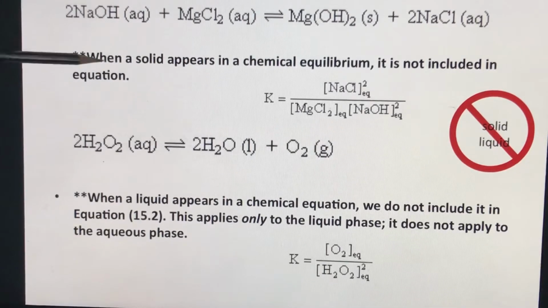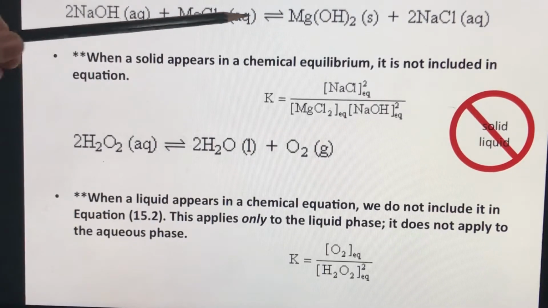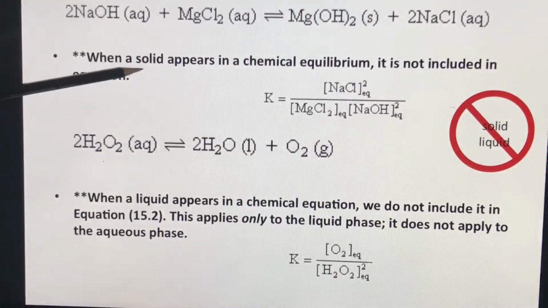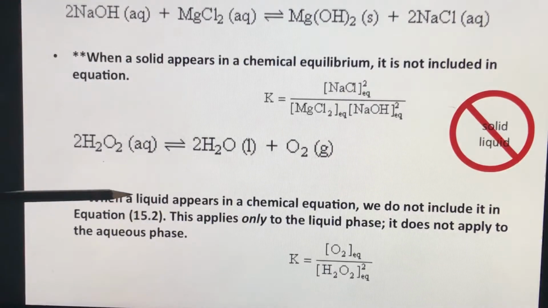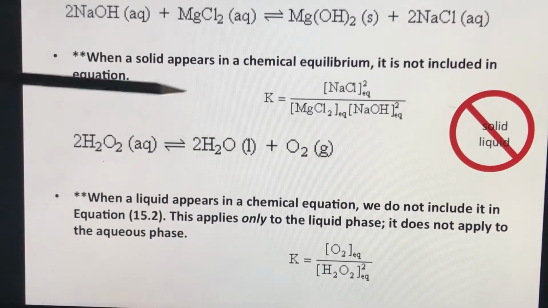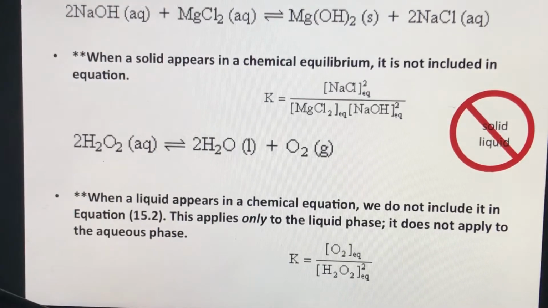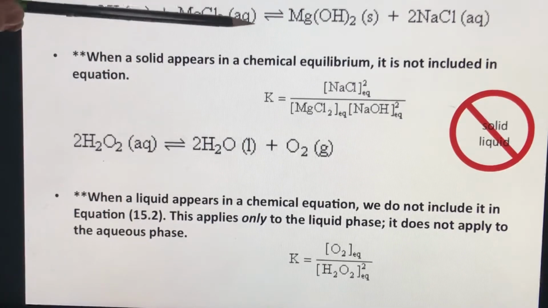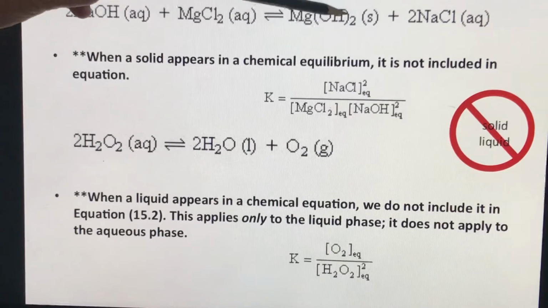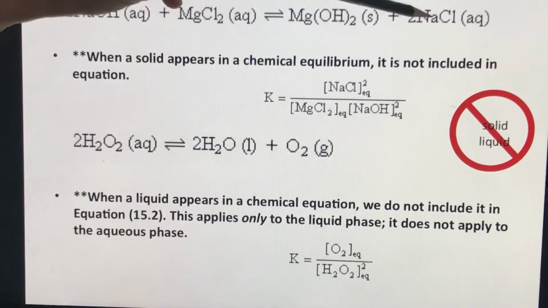If you have a reactant or a product in the solid phase, or as we're going to learn, the liquid phase, they are not included in this equilibrium equation. So for example, in this equation here, we have the sodium hydroxide in the aqueous phase, the magnesium chloride in aqueous, magnesium hydroxide in solid, and the sodium chloride in aqueous.